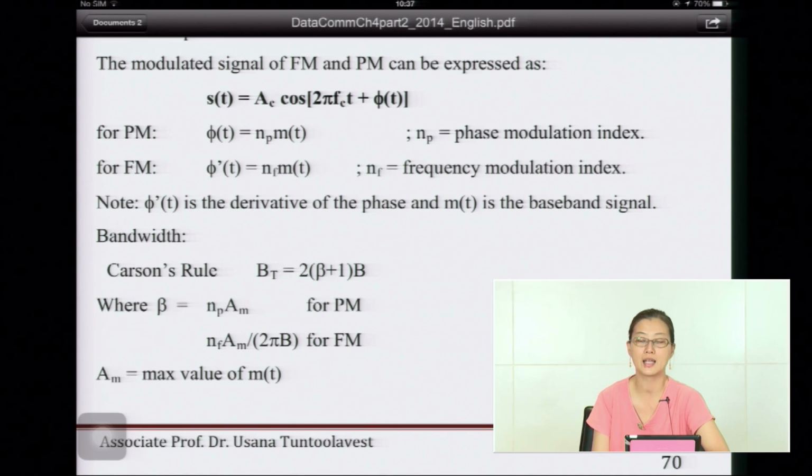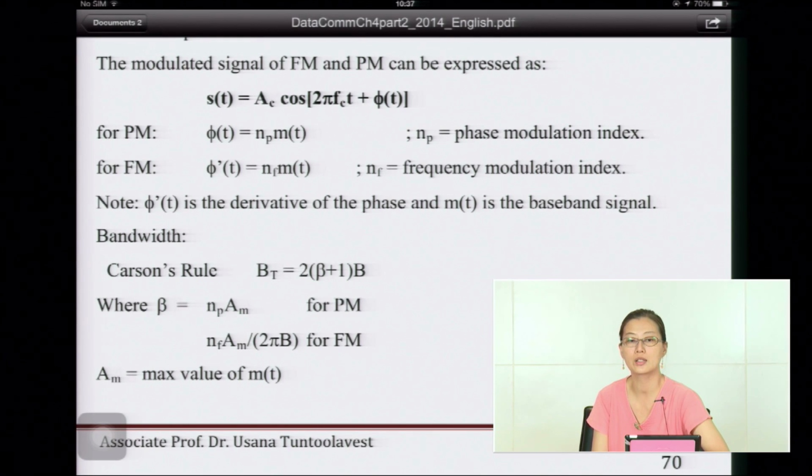For FM, okay, the derivative of the phase, when you differentiate the phase with respect to t, is equal to n sub f multiplied by m(t), where n sub f is the frequency modulation index. n sub p and n sub f are constants.